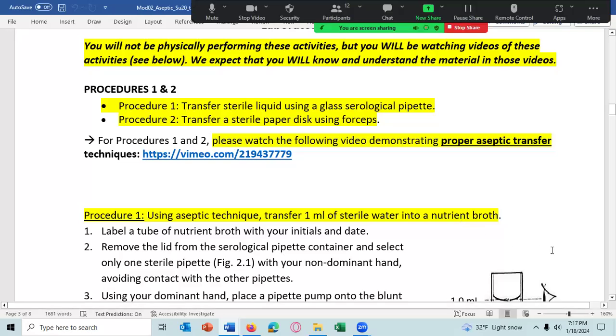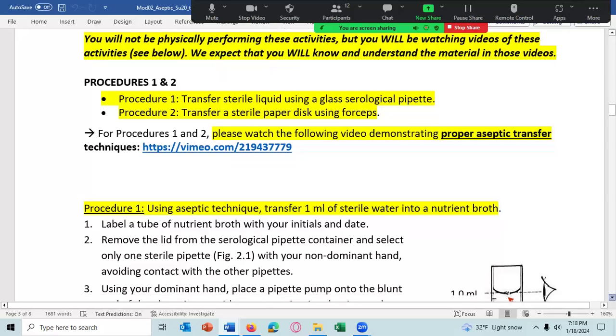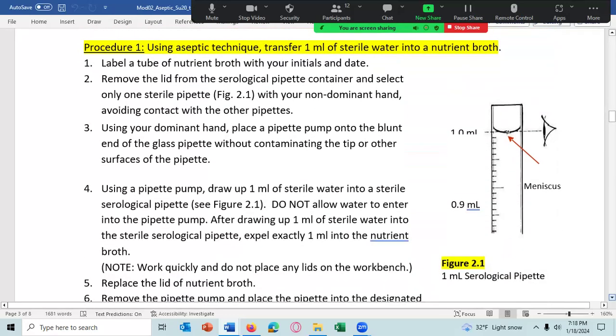So in procedure 1, you use aseptic technique to transfer 1 ml of sterile water using a glass pipette into a tube of nutrient broth. Now, when you're working with a glass pipette or a glass buret, for that matter, you'll note that the water does not flow across the surface evenly.